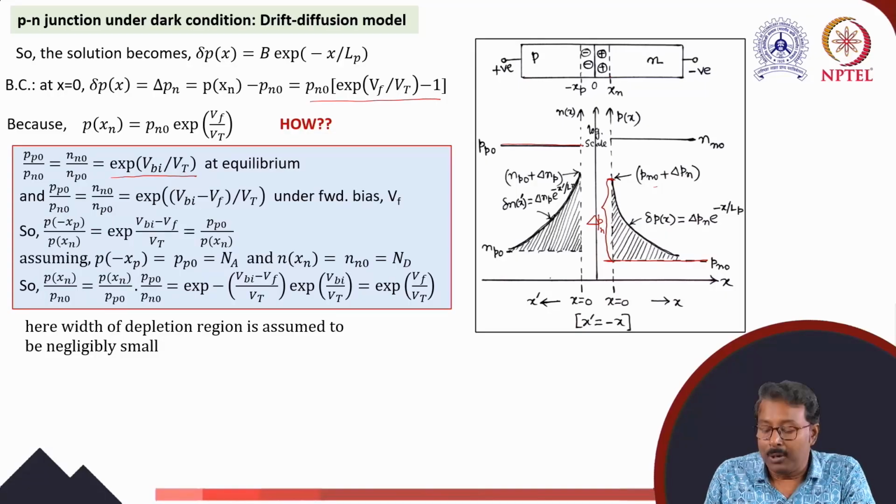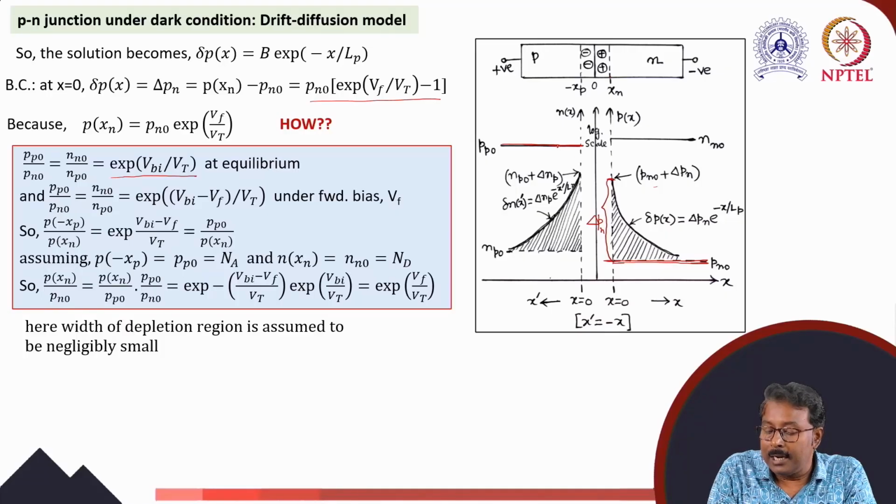This is very important. The majority carrier on one side is related to the minority carrier on the opposite side by this expression, the built-in potential exponential, because the majority is greater than the minority. How much greater?